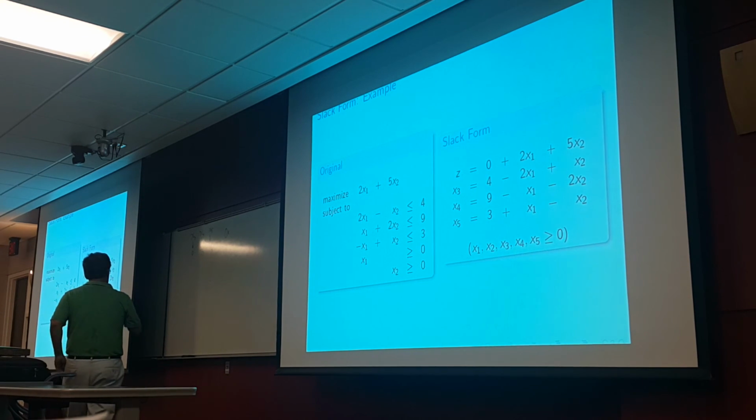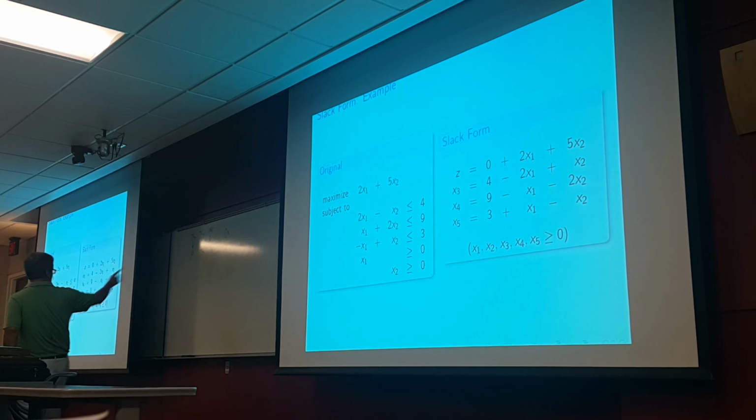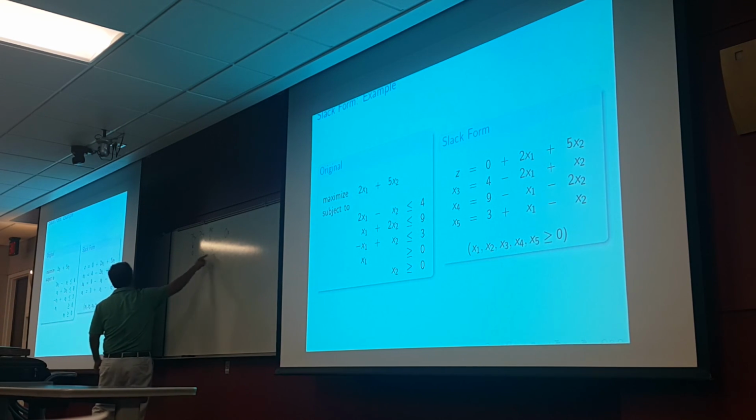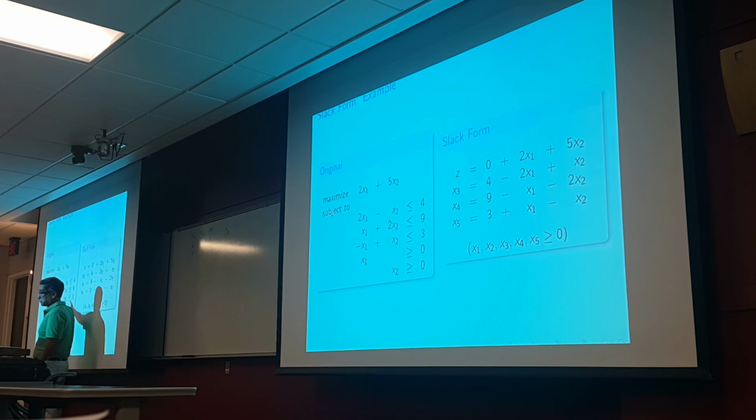Again, you multiply each of those constraints by the corresponding number, and you get that 2x1 plus 5x2 is less than or equal to 22.